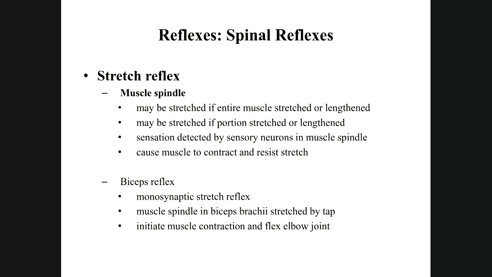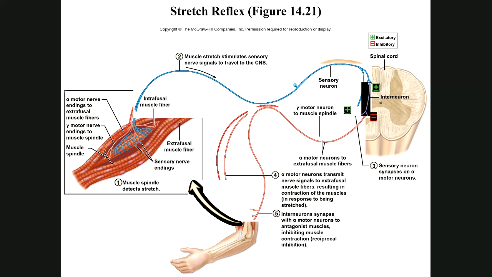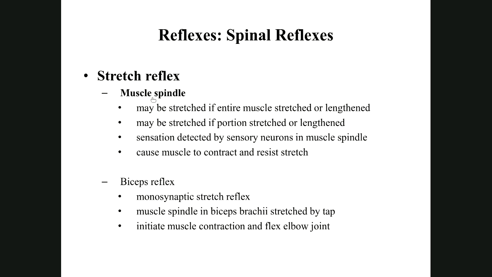A couple of different things involved here, and we can see a couple of these. Here's that muscle spindle. So we've got a muscle spindle that's really monitoring that muscle. And the muscle spindle is stretched, and it's going to trigger the reflex. So if the muscle spindle's stretched, it can do it by the entire muscle being stretched too far, or if only a portion stretches too far. And then it's going to contract to resist that stretch.